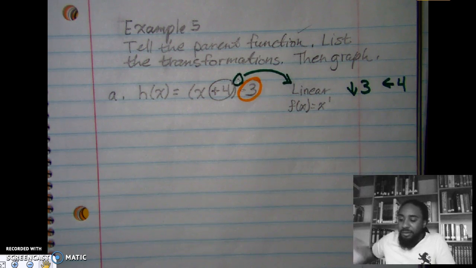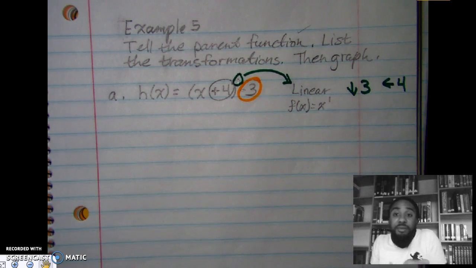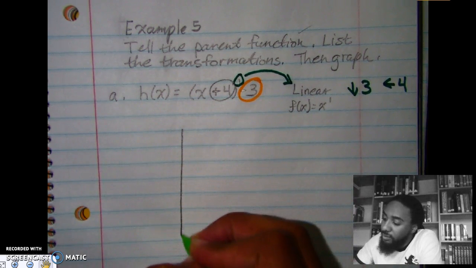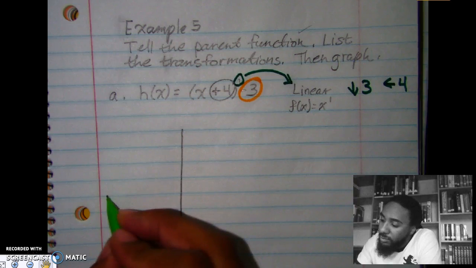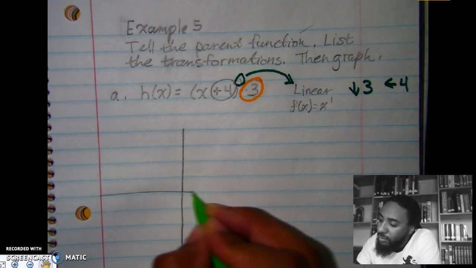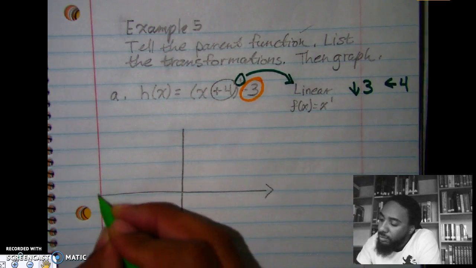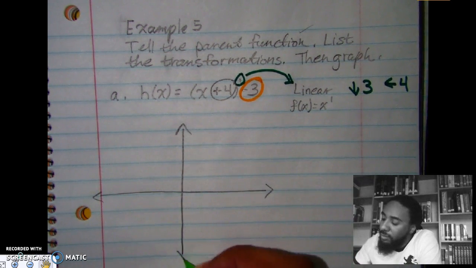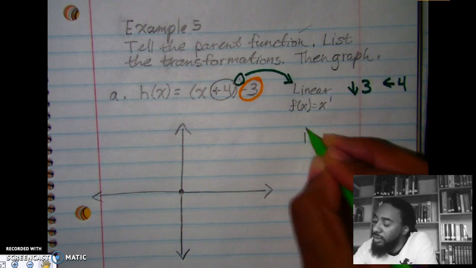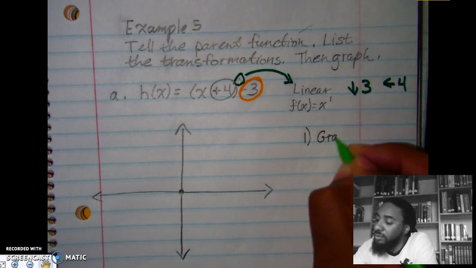All right, and then the last thing now is just to go ahead and graph it out. Just graph it. So we're going to follow the same process we did. All right, so we know we're dealing with our linear function. So the first part again is to graph the parent function.